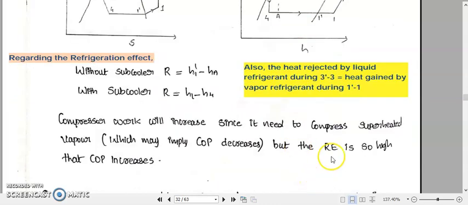This refrigeration effect is so high that even though the compressor work in the denominator is increasing, the overall value of the ratio, that is COP, will definitely increase.